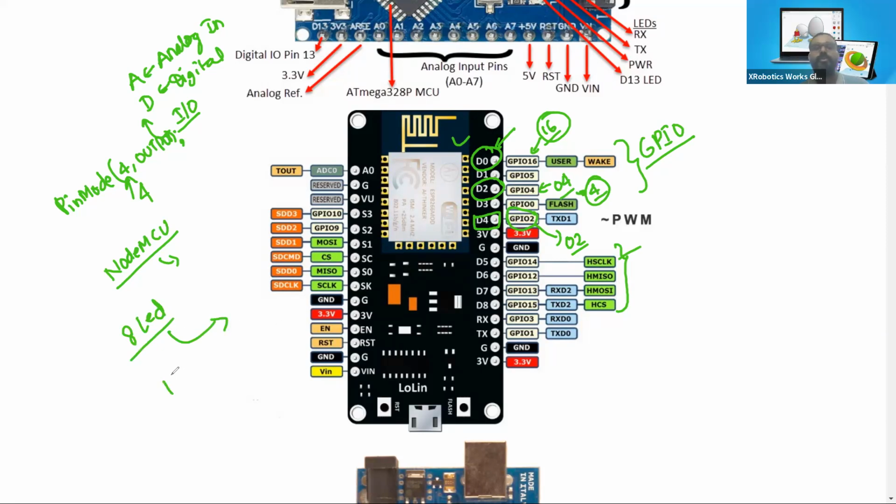But if we have to accommodate 16 LEDs or 20 LEDs into our project, then we cannot utilize one microcontroller to address all of the LEDs, because we do have a limited number of pins for the input and output control, right?